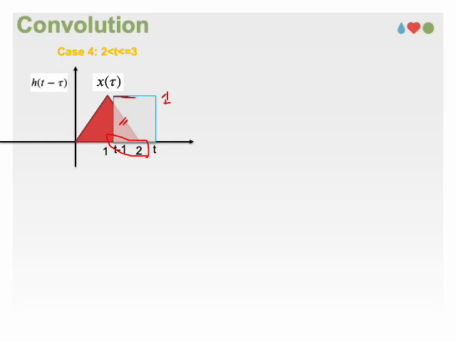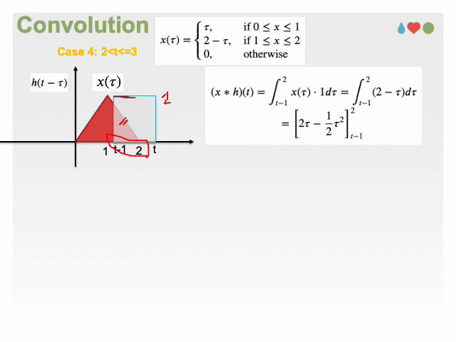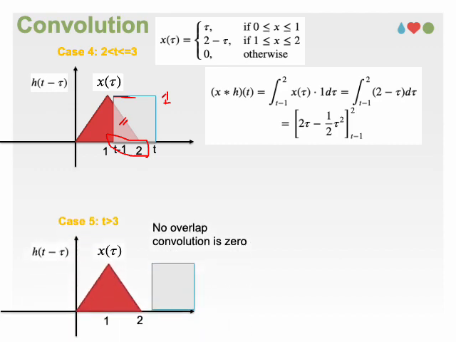The convolution integral is then calculated by this relation. For all values of t greater than 3, there is no overlap between x(tau) and h(t minus tau), and the convolution is then 0.